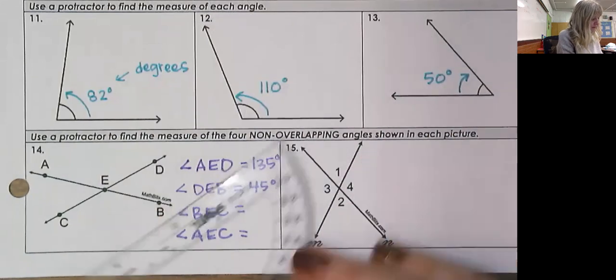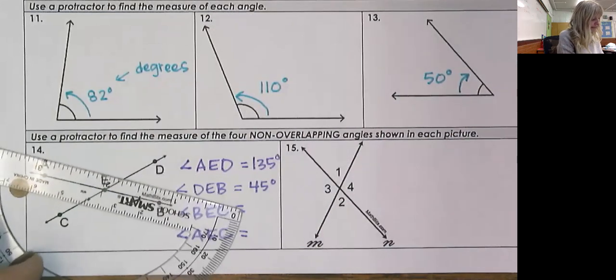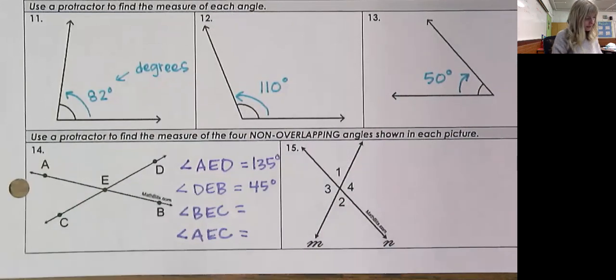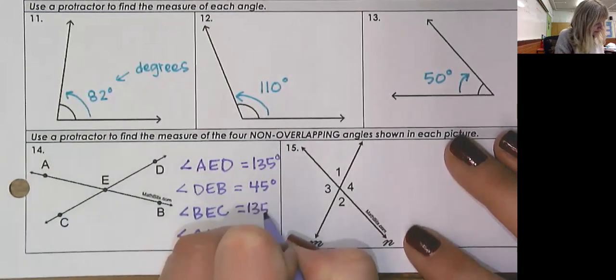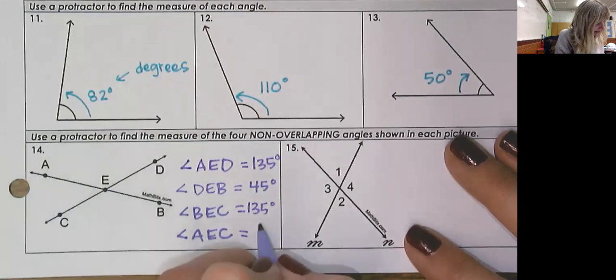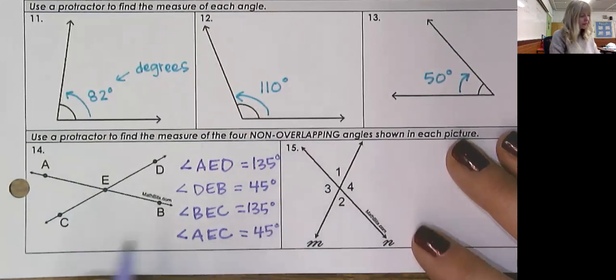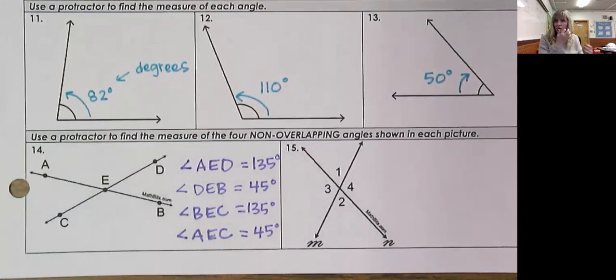And if I just flip it over and measure all of those again, I get the same measurements on the other side. So BEC is 135 degrees and AEC is 45 degrees. Again, just making sure you understand that angles get measured in a different way, and this is going to help lead us to some very special relationships tomorrow.